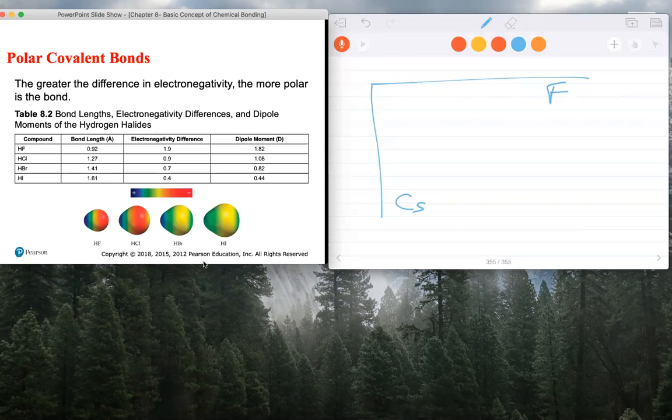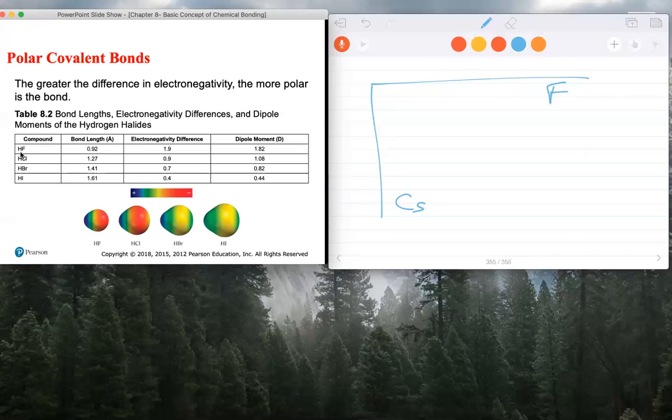We can also use electronegativity values to determine whether the bond is more polar. Apart from just looking at the position, you can calculate the difference between electronegativity values to tell which one is more polar.